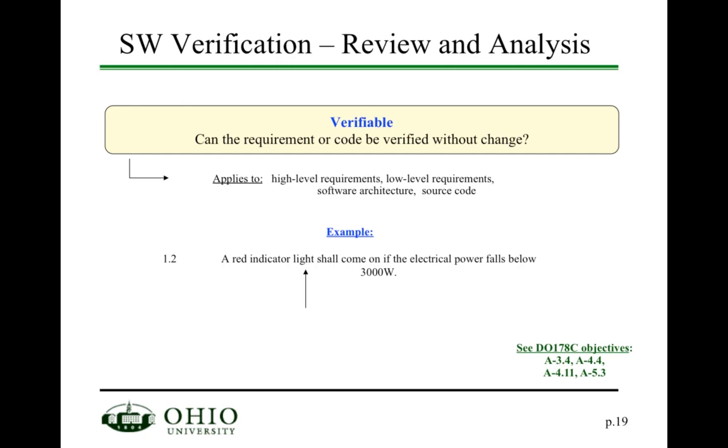For example, if you have a requirement that says a red indicator light shall come on if the electrical power falls below 3000 watts, in this case, we can verify this by tests. We can actually connect it to the device, reduce the power and see if the red indicator light truly comes on when the electrical power falls below 3000 watts. So we can truly do this.